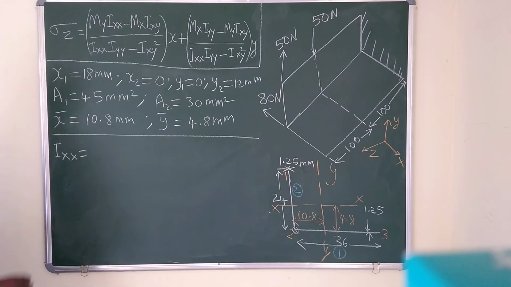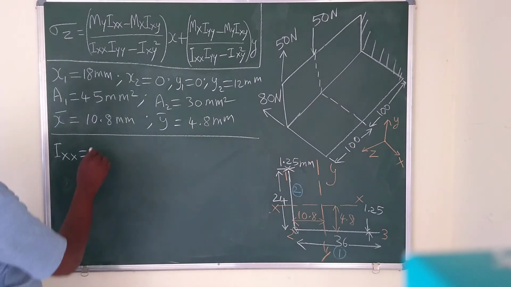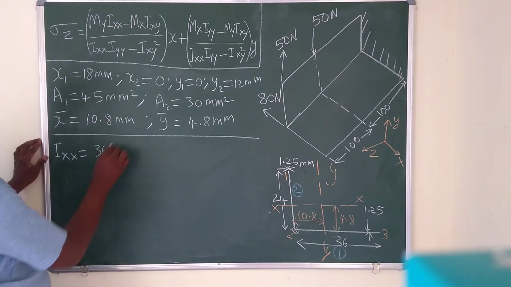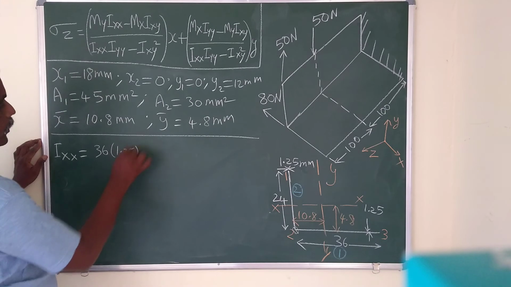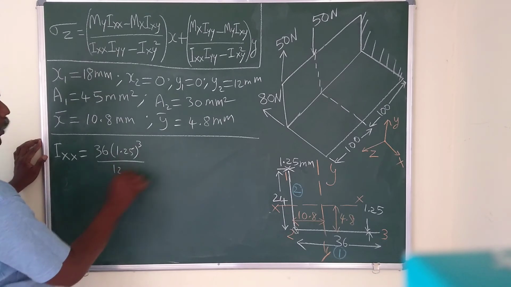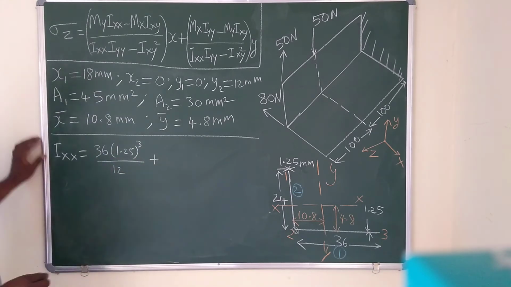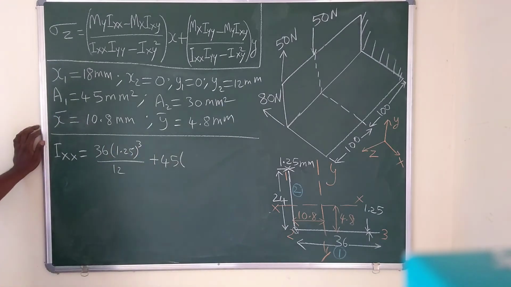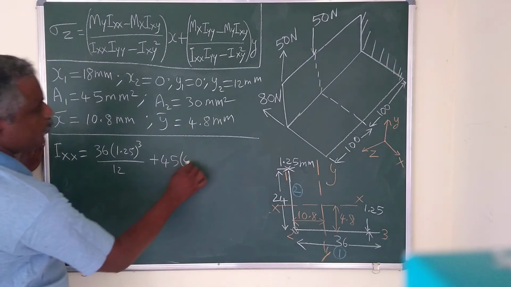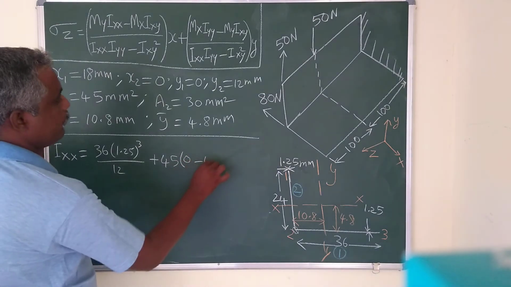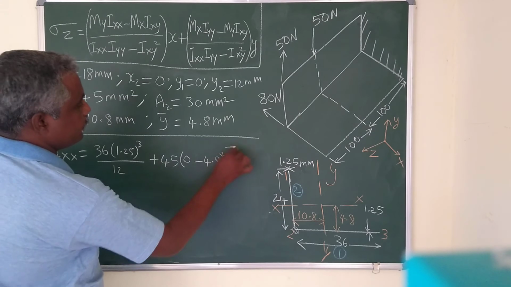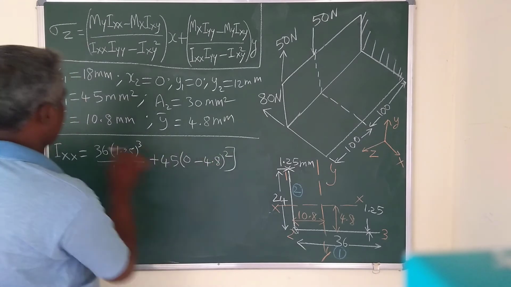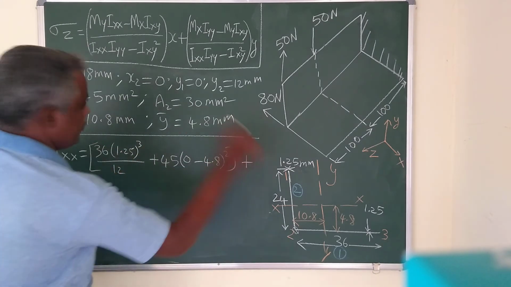So for section 1, 36 into 1.25 bd cube by 12 plus area of section 1, which is 45, into the vertical distance square, that is y1 minus y bar the whole square. This is for section 1.